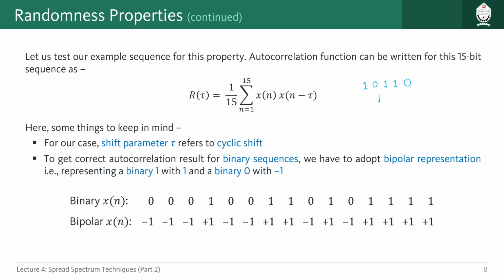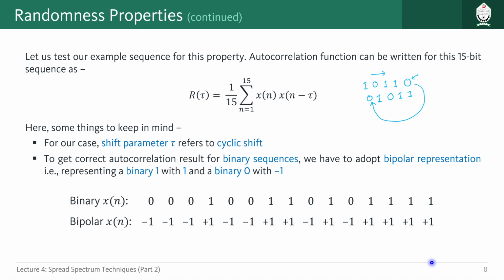We are doing a right shift, that's why it will shift to the right, 0 1 1 1, and then the last bit here will shift here. In this way it will shift in a cycle, right? That is referring to the cyclic shift.